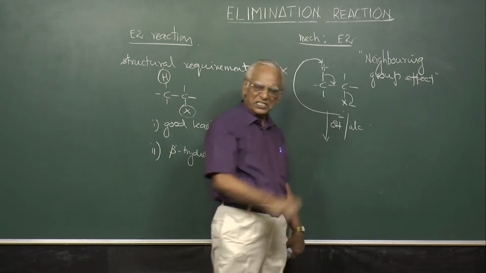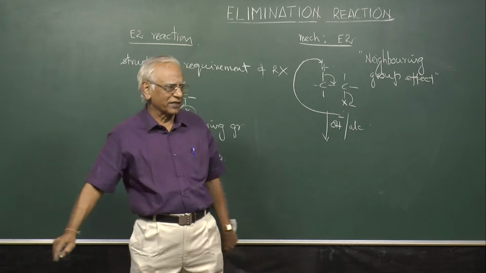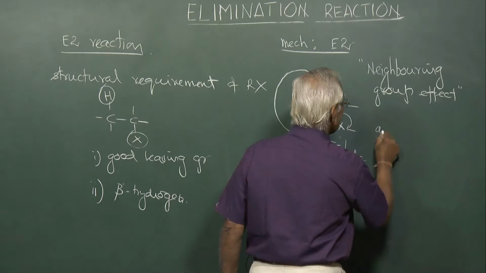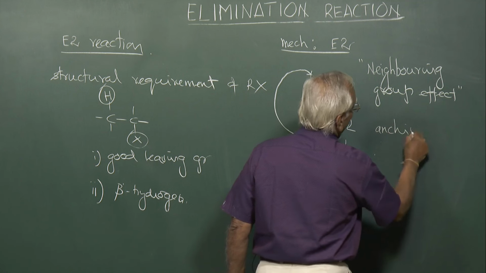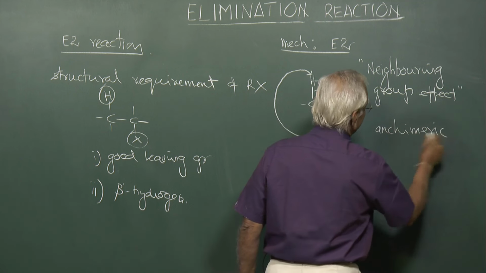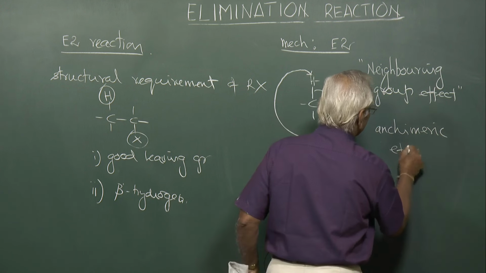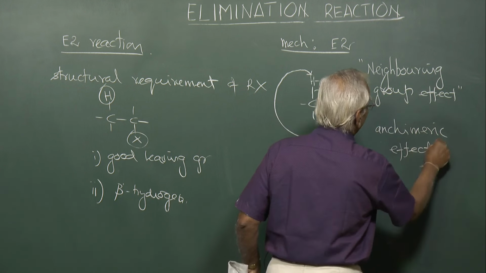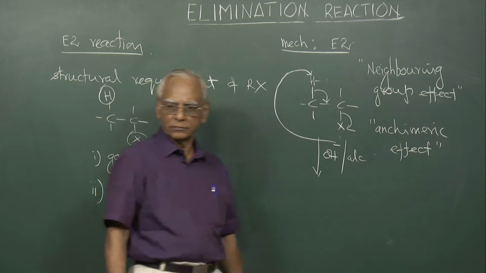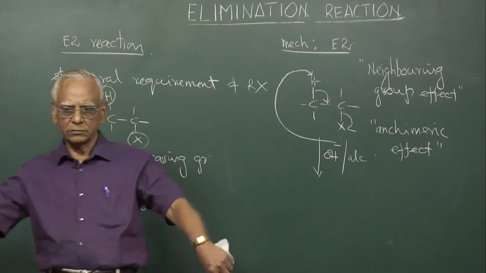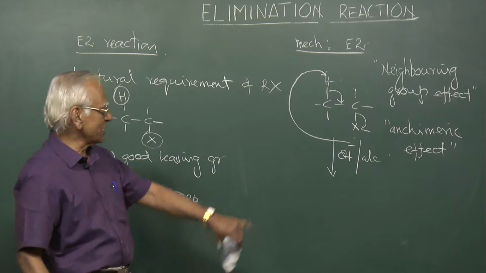We are going to discuss this neighboring group effect elaborately. It is also known as anchimeric assistance effect, the anchimeric effect or anchimeric assistance, helps supported by a neighbor.